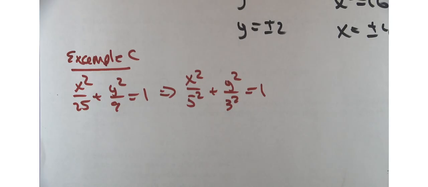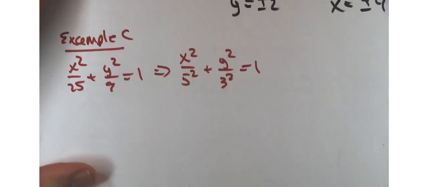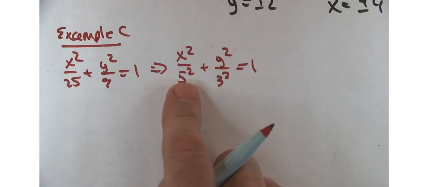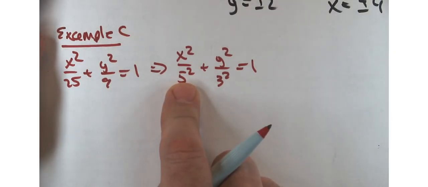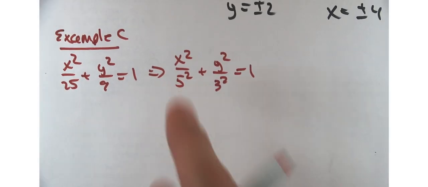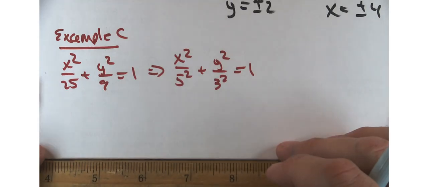I don't think I gave you any spot to graph this, so sorry, life goes on. But I do have some rulers up here if you want to borrow one. Let's see about drawing this. Now, is it going to be taller or wider? Wider, yeah, because in the x direction we're going to move a distance of 5, in the y direction a distance of 3.